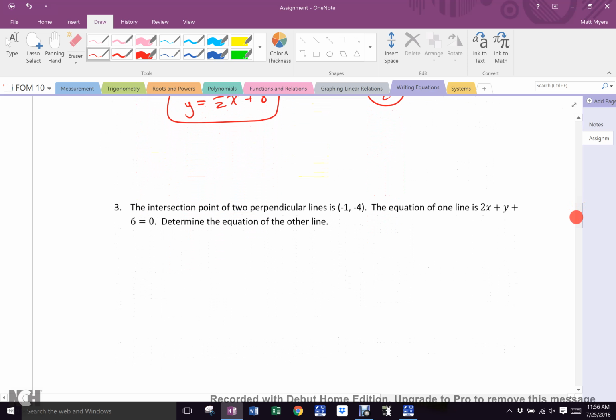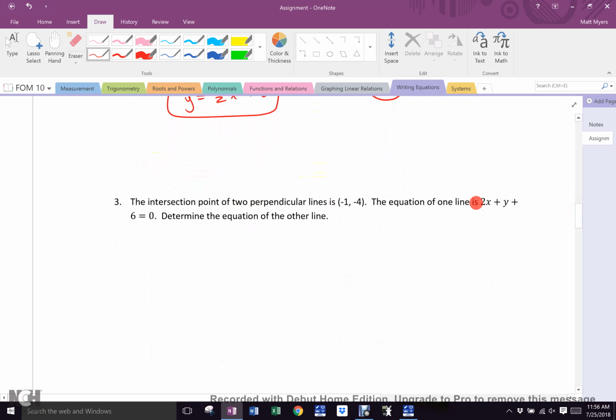This is the exact same question, except instead of sharing a y-intercept, they share a point. One line, line 1, is 2x plus 6. Oops, sorry, I lied. Y equals negative 2x minus 6, right?